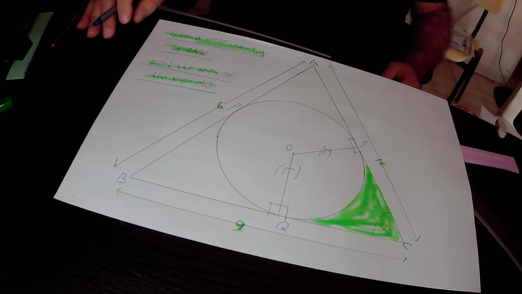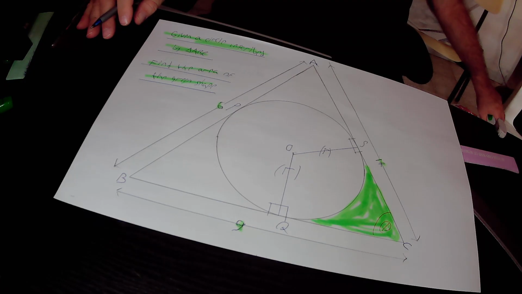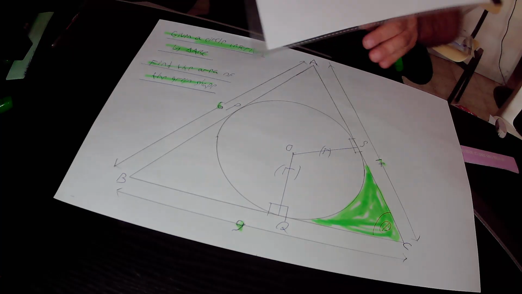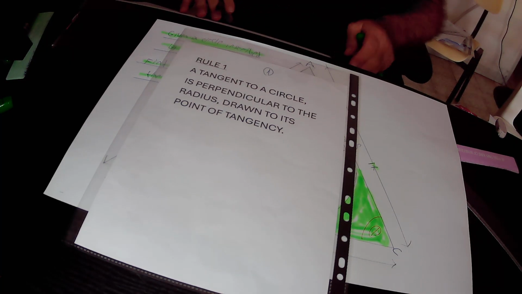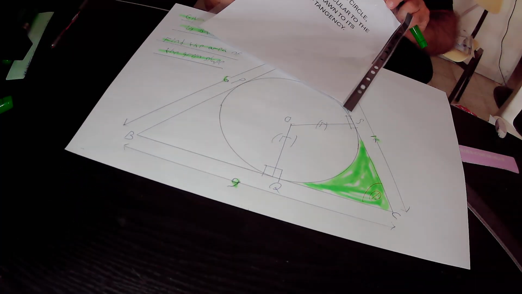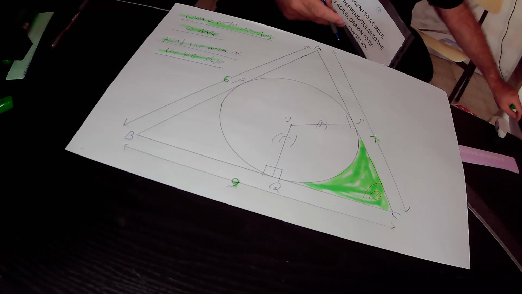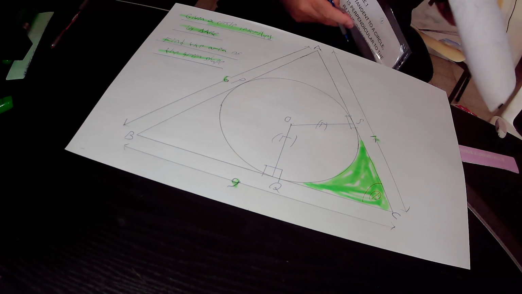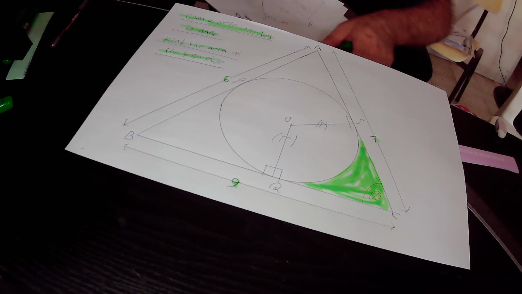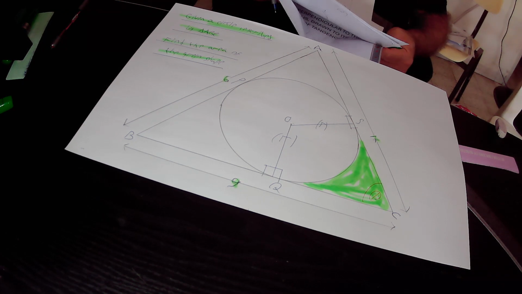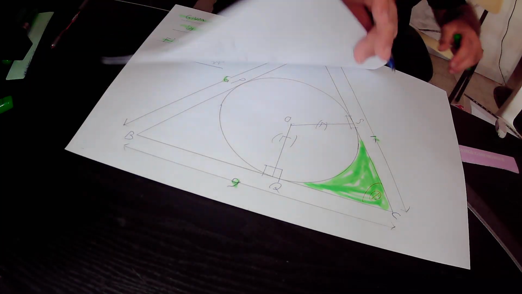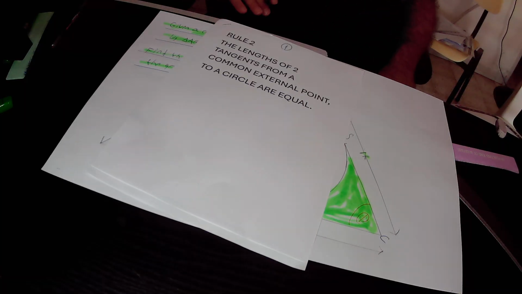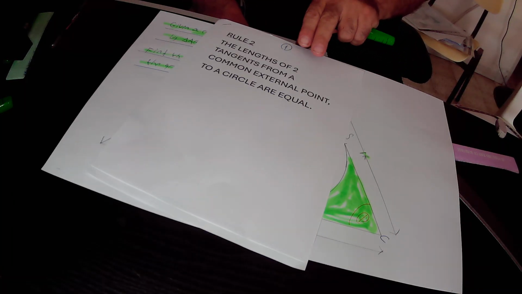So let's repeat quickly rule 2. According to rule 2, the lengths of two tangents from a common start point to a circle are equal.